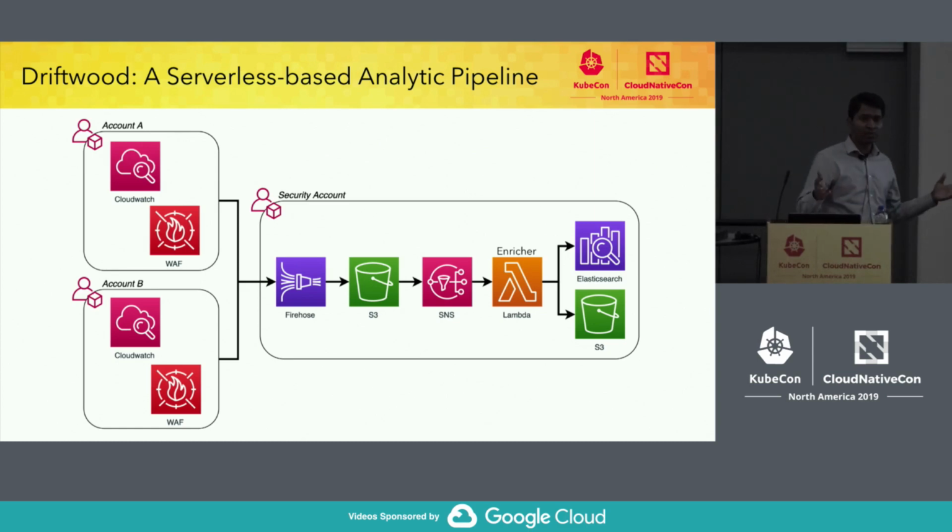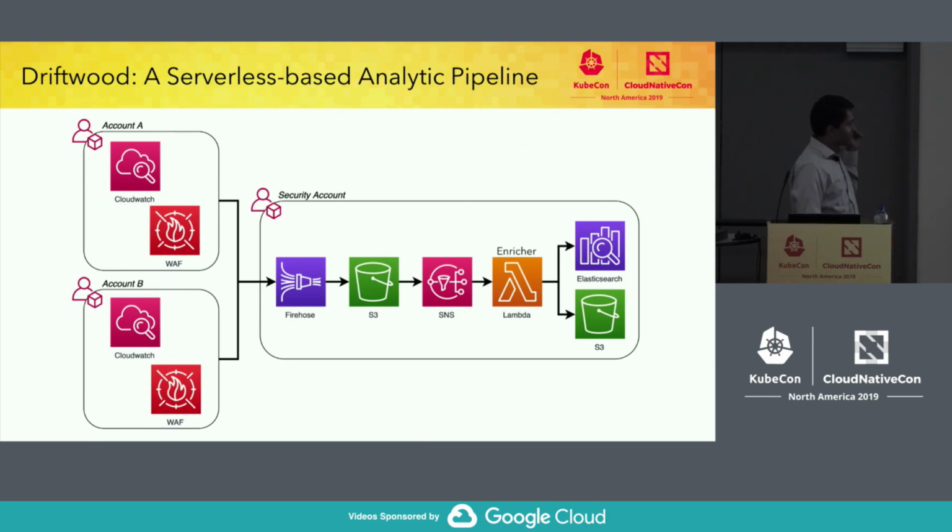And we have a multi-account strategy. We have multiple AWS accounts. You can see on the left side that we have different accounts running different CloudWatch, because each of those accounts can run some VMs and containers, and they all push the data through this Driftwood pipeline. CloudWatch is storing Falco data, WAF (web application firewall) data, and there are more data sources.